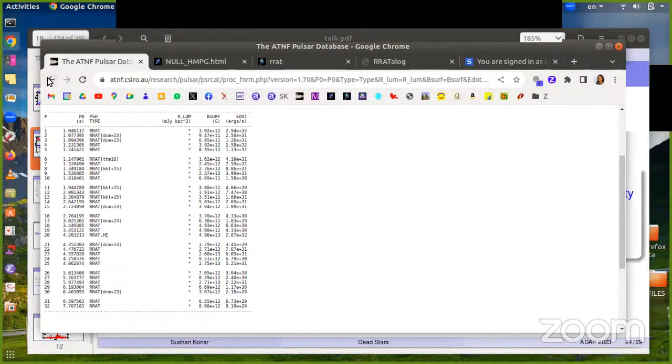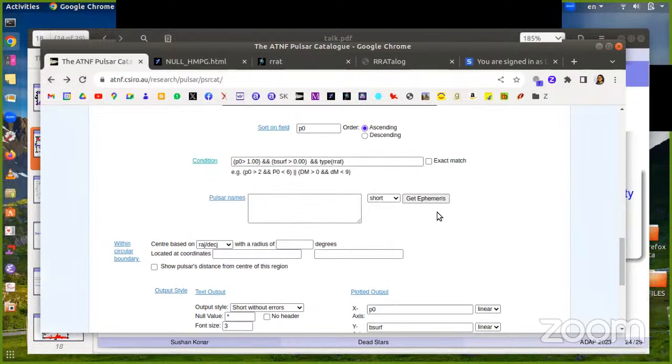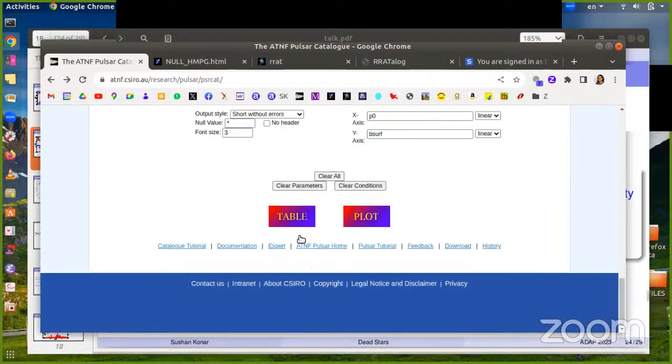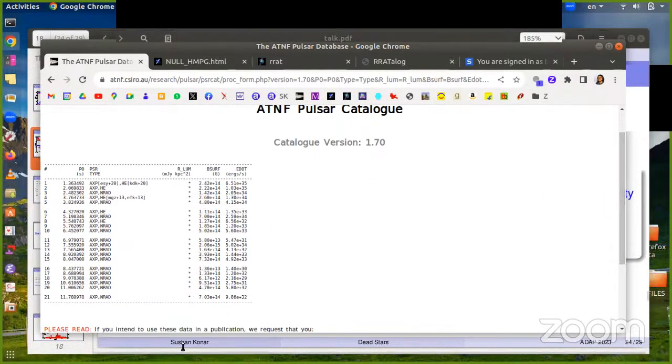Let us go and try to look at some values for the magnetars. So I'll have to change it to magnetars. Again, there are no radio luminosities.